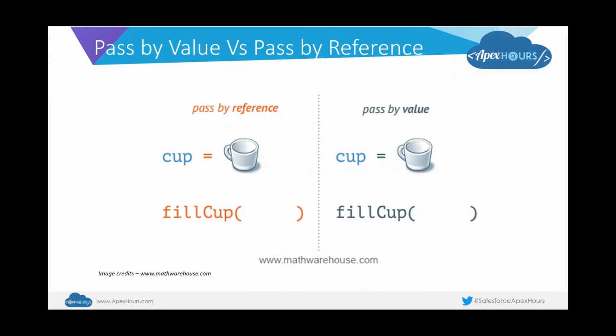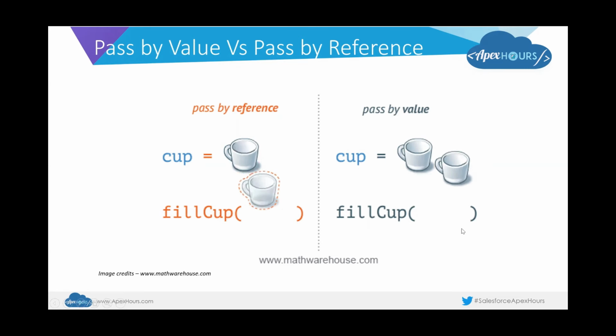And what does that mean? It means that, let's say, if I have an integer variable that I'm trying to pass to a method, that primitive data type variable itself does not get passed to the method. However, a copy of that variable is created and is passed to that particular method, which means that any changes happen on a copy of the variable and not the actual variable itself.